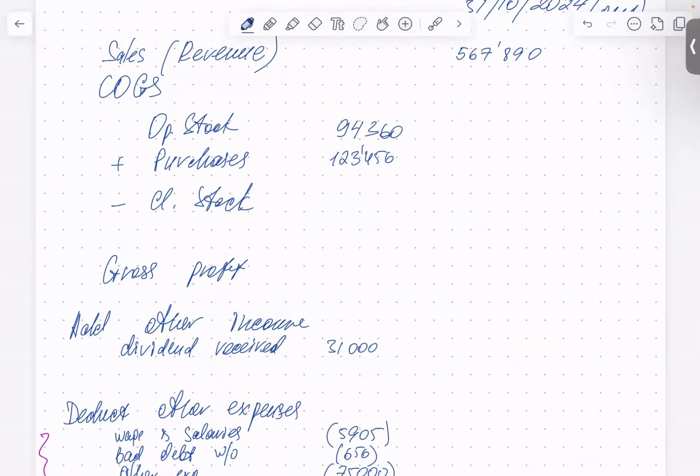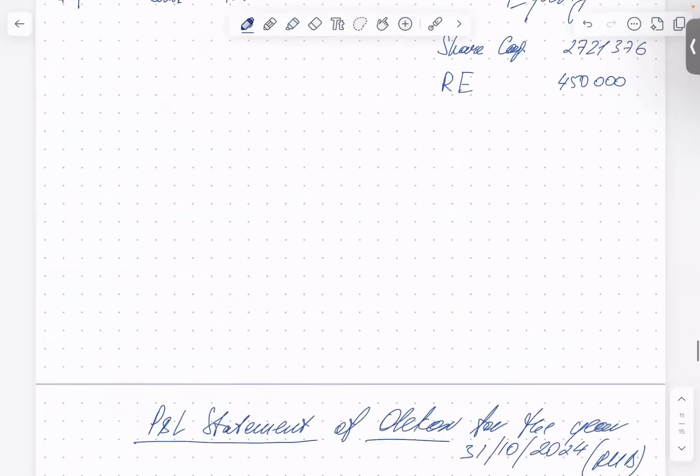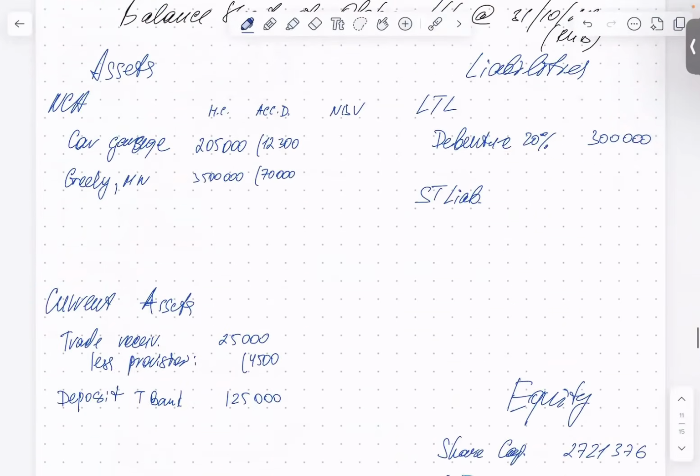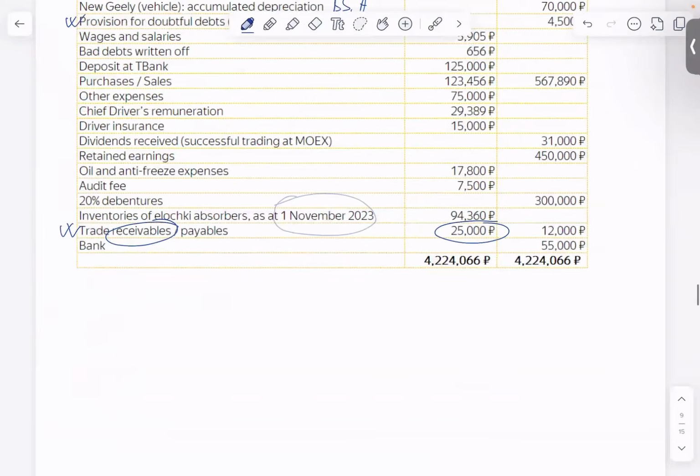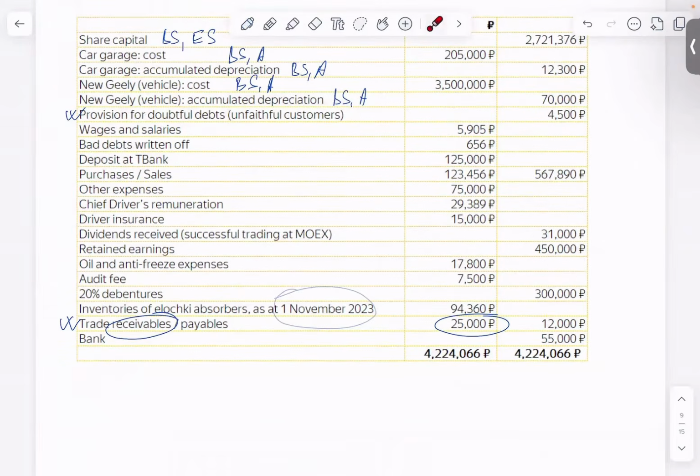94,360. Trade payables from the next line should appear in our short-term liabilities of trade payables, 12,000. And the last line here, bank balance. Please pay your attention on this line. You can see that bank has a credit balance.